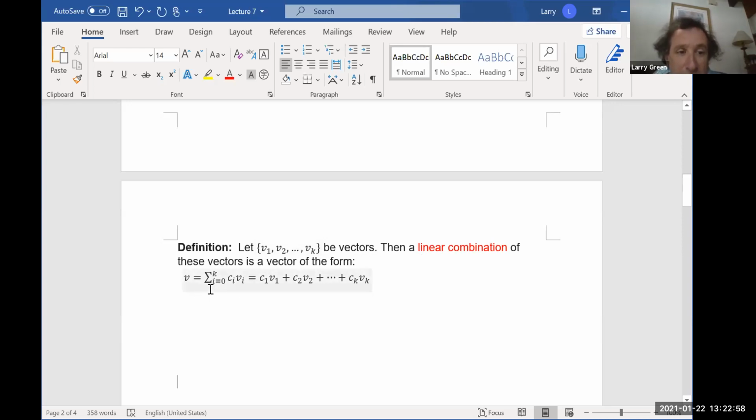of the form summation i equals 0 through k. Oh, you know what? I better make that a 1. I'm so used to computer programming that I always start at 0. Summation from 1 to k of ci vi, which is the same thing, by the way, just if you like with plus signs instead, that's totally up to you. c1 v1 plus c2 v2 plus ... plus ck vk.